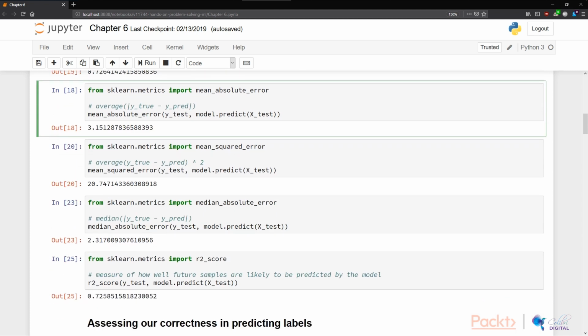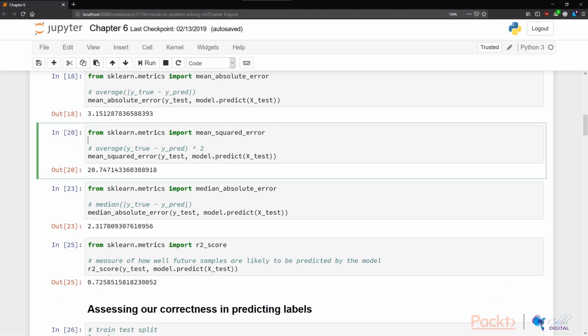A very similar metric is the mean squared error. Again, I've put the definition here in the comments. So basically you are taking the true y and you're subtracting the predicted y. You're squaring it and then you're taking the average.